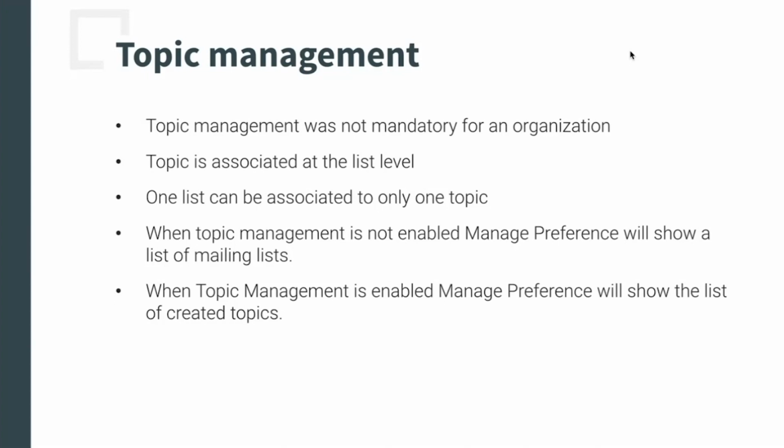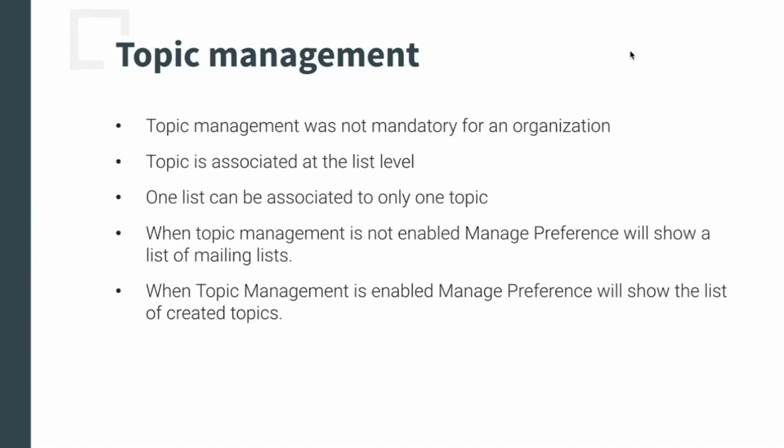Now, what happens is a contact might be interested in two topics initially, and they subscribe to those topics, and then they later decide to change. So when they go to unsubscribe or change their preference in the footer, if their topic is enabled, they get to see all the lists and topics associated.